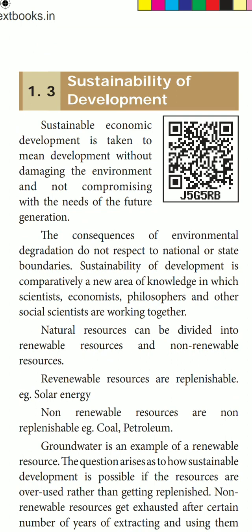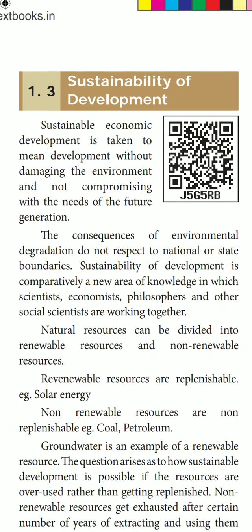What is the example for renewable resources? Solar energy, that is obtained from the sunlight, isn't it? Next, non-renewable resources are non-replenishable, for example coal, petroleum. If you take the coal and petroleum, you can't use them again and again.